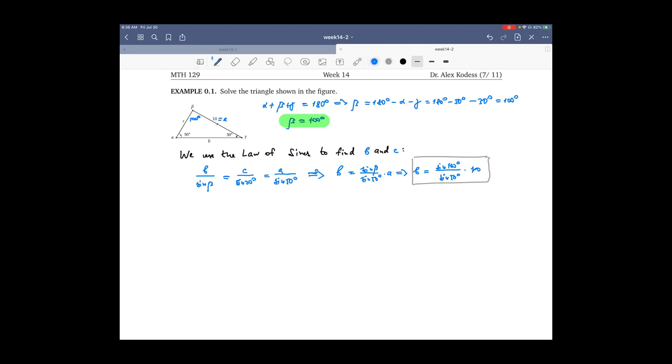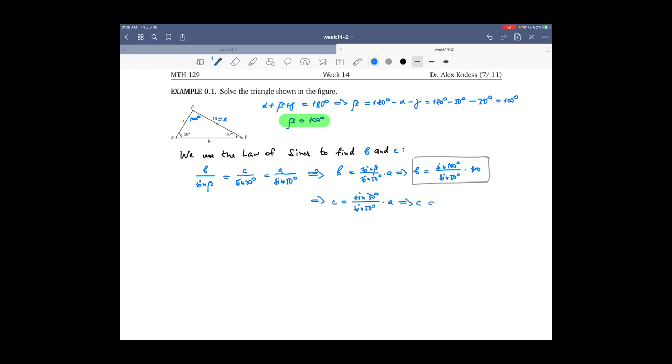And likewise, c equals sine 30 degrees, which is 1/2, over sine 50 degrees times a.